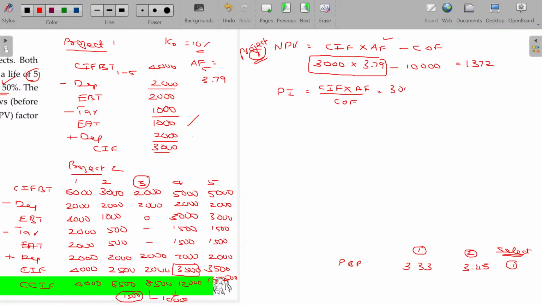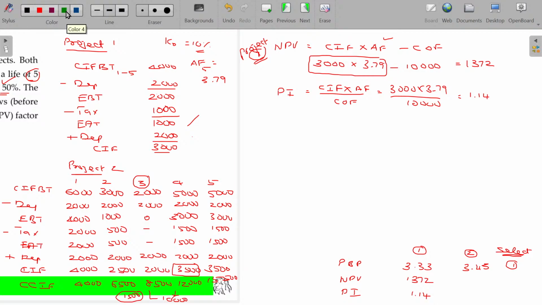So 3,000 into 3.79 divided by 10,000. Then the value being 1.14. So NPV for project 1, 1,372. PI for project 1, 1.14.